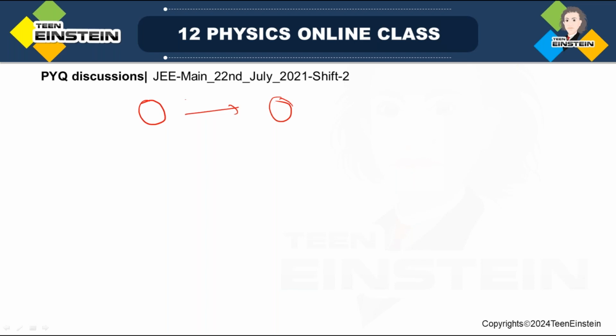This is the alpha particle, and this is my daughter nucleus Y. What happens when it was at rest in the beginning? The initial momentum will obviously be 0.